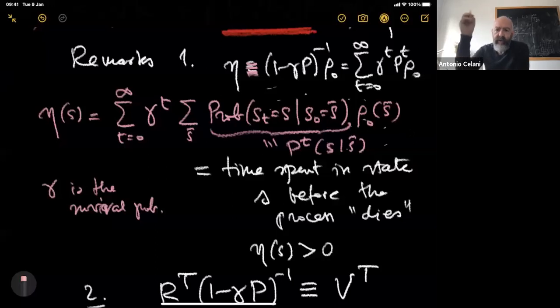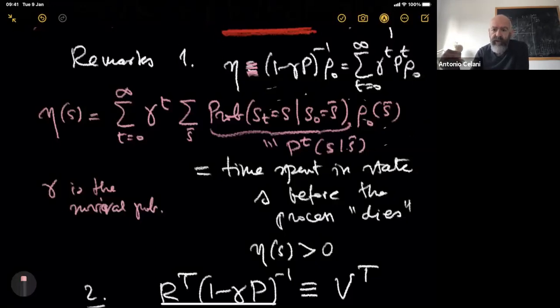You remember we introduced this augmented Markov process in which discounting was sending, with probability 1 minus gamma, the process into the coffin state. Okay, so what does this sum over t mean? It means that at each time step, if I have survived, and if I end up being in state S, I add a plus 1. This is the way you would compute this object by Monte Carlo.